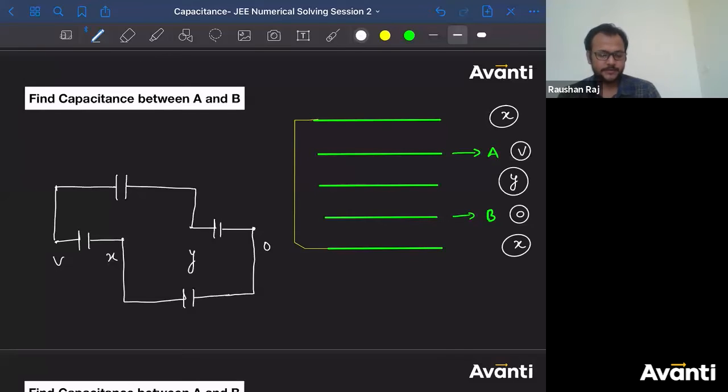It will look like this. क्या बच्चा लोग, this is C, this is C, this is C and this is C. Correct है? Yes Pritesh, now you got it correct.